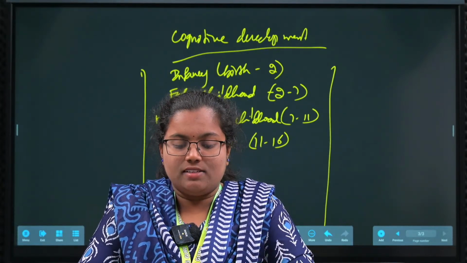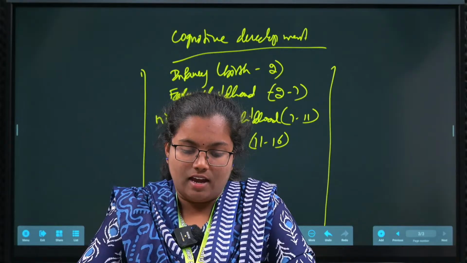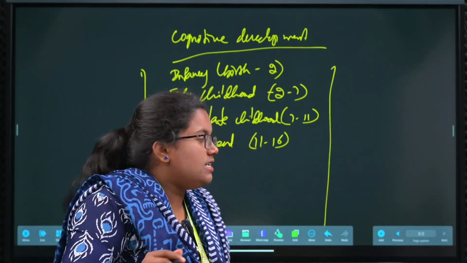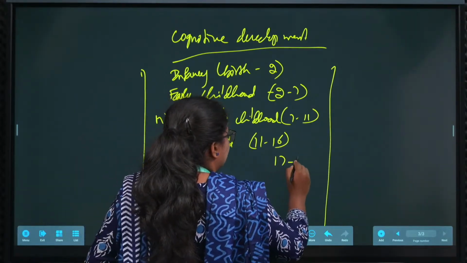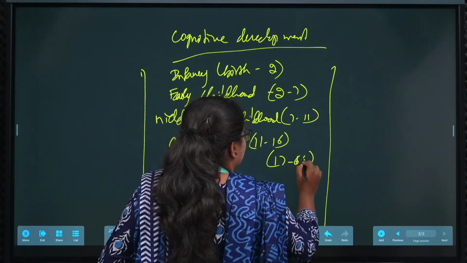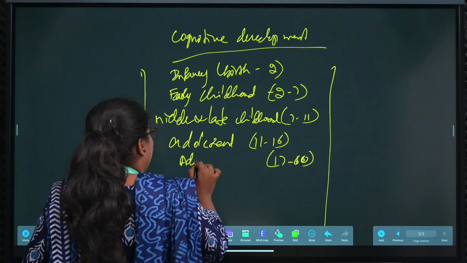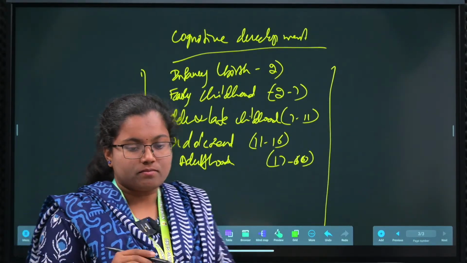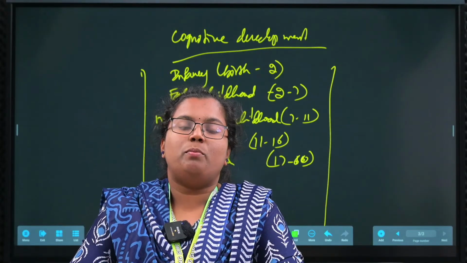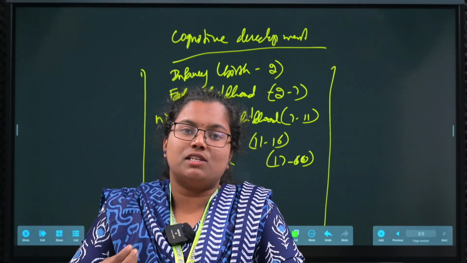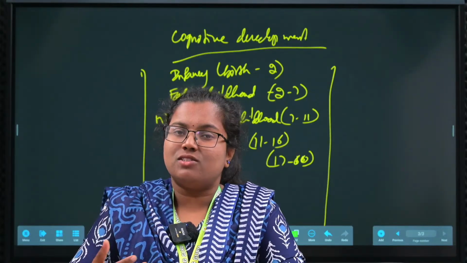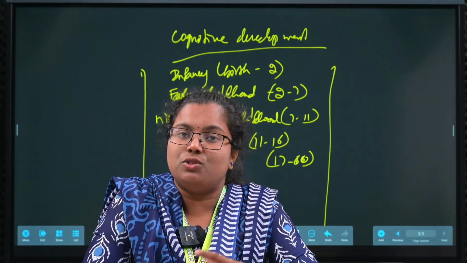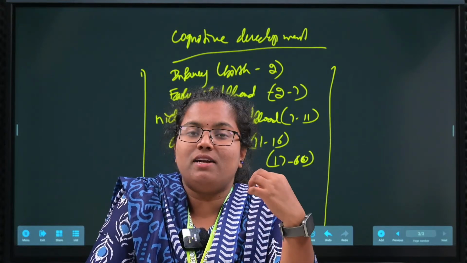And the next one is adulthood, from 17 years to 60 years. In this time, they will try to build their career, and they will find solutions to solve their own problems.